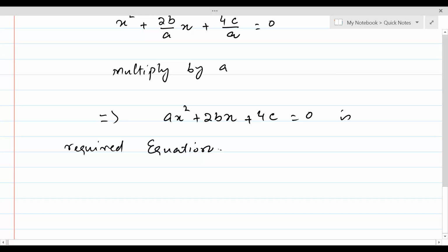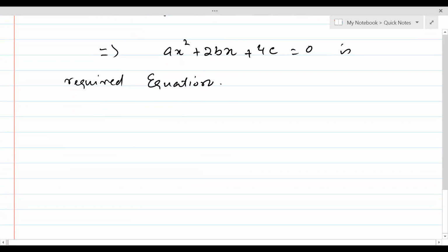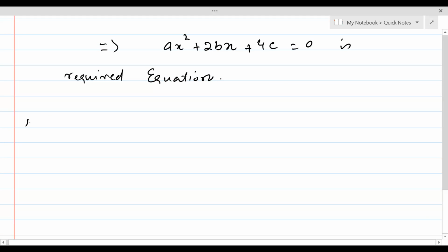Now question number 2. If alpha beta are roots of the equation x square minus 3x plus 5 equal to 0, example number 2, then what are the values of alpha plus beta?